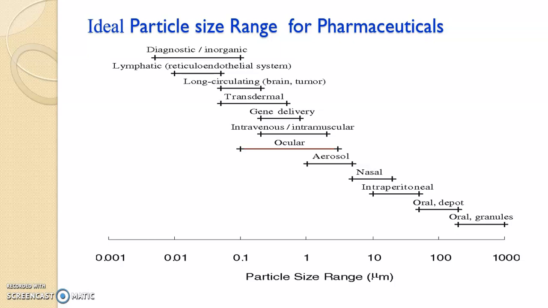I would like to highlight two things over here. For oral dispersible tablets, we require a particle size range from 50 to 600 microns, whereas for aerosols, it is 5 to 25 microns. Therefore, while designing any dosage form, particle size consideration is very important. To obtain the desired particle size, we need an efficient size reduction process.